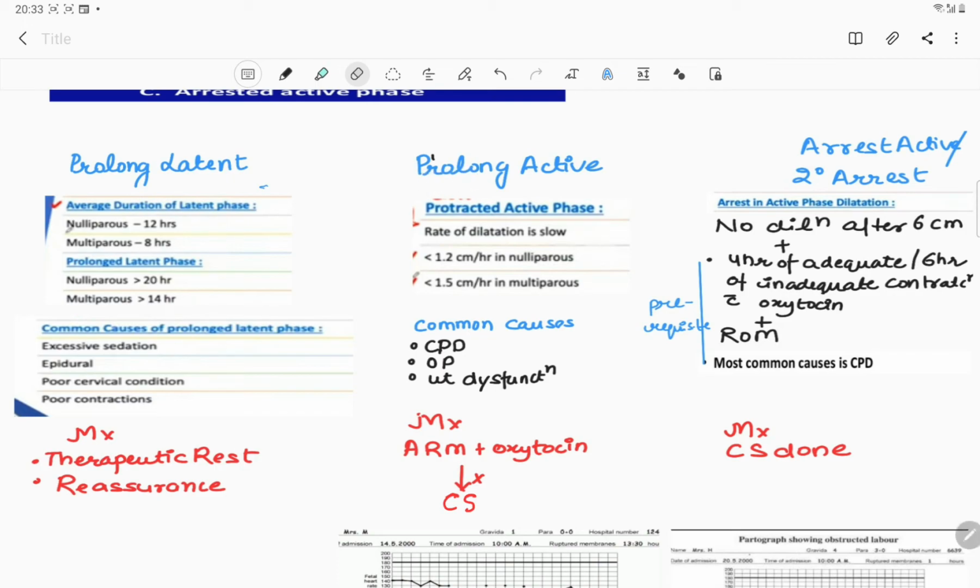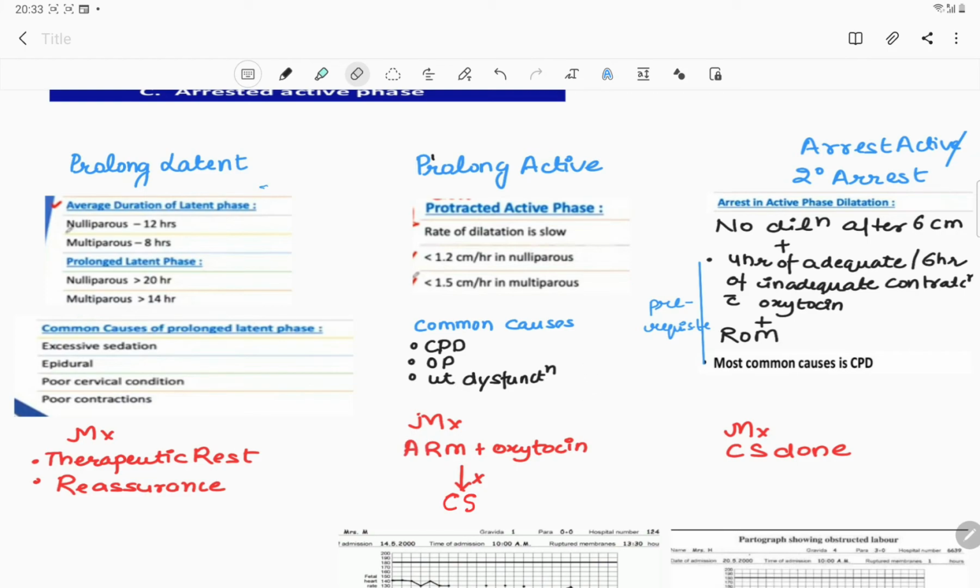Then what is prolonged active phase? When the rate of dilatation is slow, less than 1.2 centimeter per hour in nulliparous and less than 1.5 centimeter per hour in multiparous. What are the common causes of prolonged active phase? It can be CPD, that is cephalopelvic disproportion, or occipito-posterior position, or any uterine dysfunction.